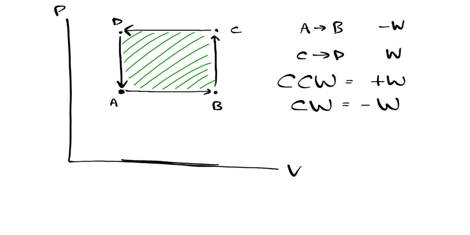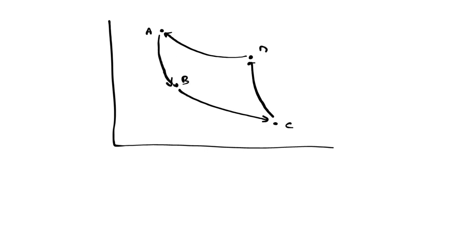The shapes don't have to be this pretty and uniform, and often they're not. A typical example would be a more realistic looking one along these lines. That's clearly not a rectangle, but what is still true is that the area encased by this process is the net work being done, and because it's a counterclockwise motion when you go around your pathway, this is positive work.